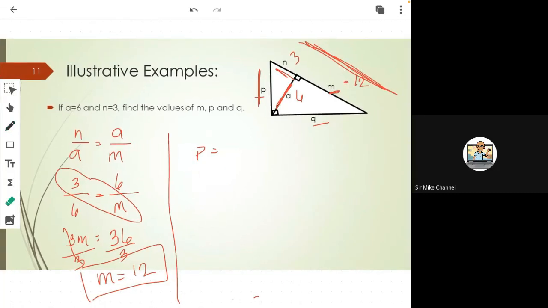Okay, so P is the square root of, how much? 4 plus 3, we have 15 times... what? 3 or 12?